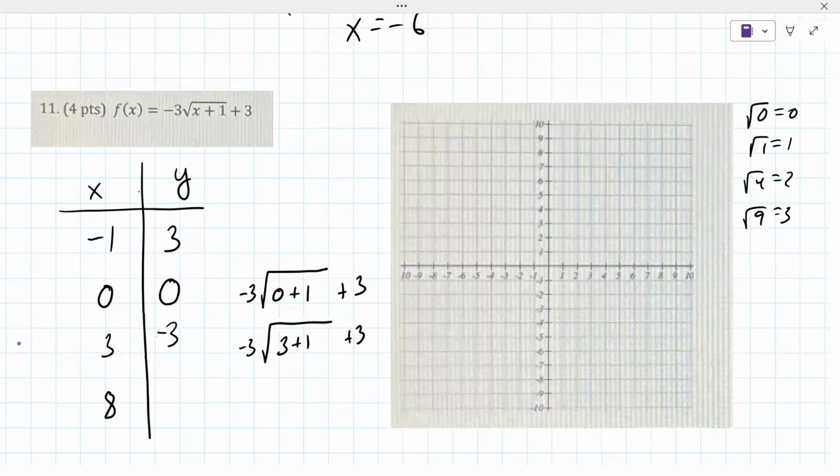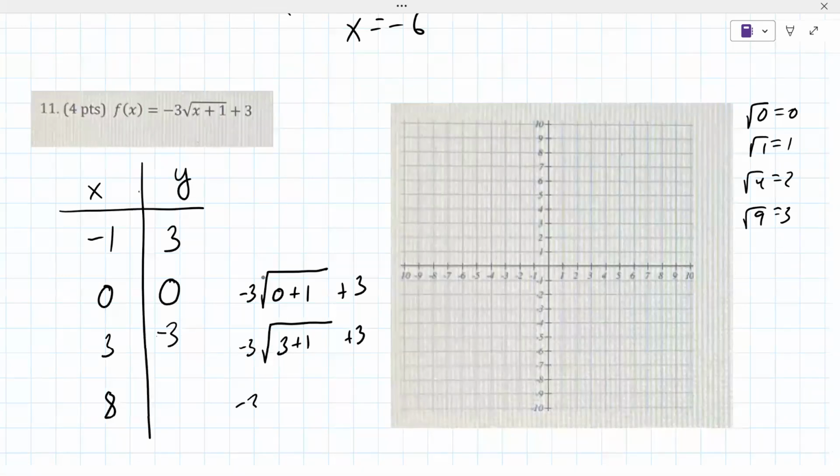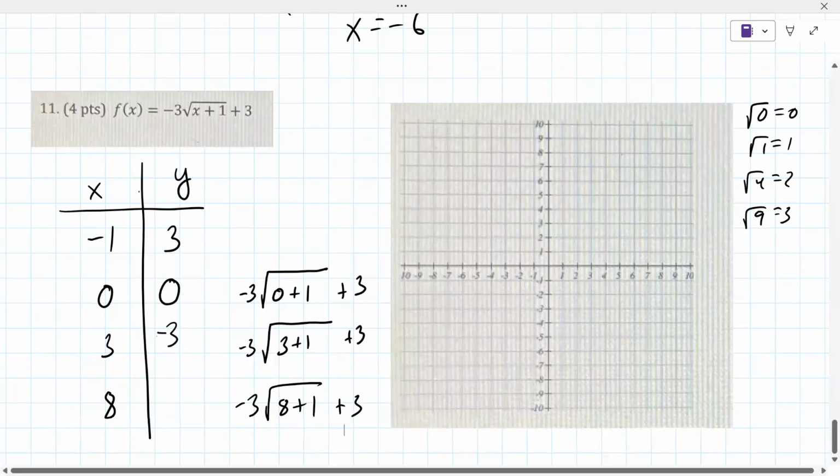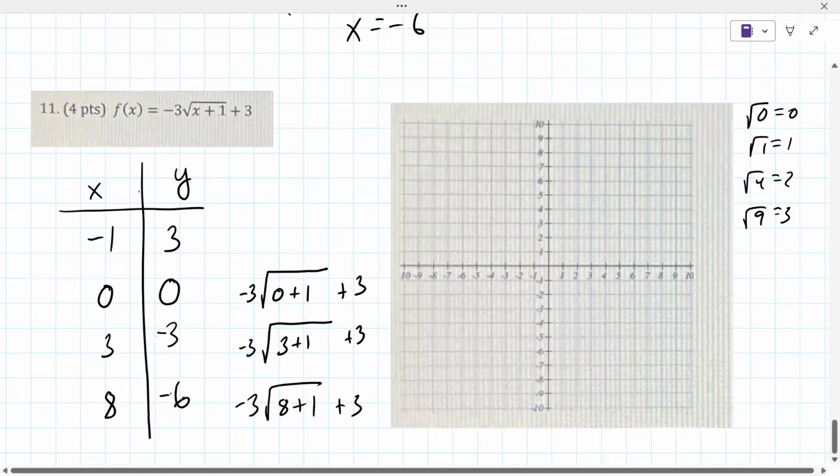Right, because it becomes 2, -3 times 2 is -6, plus 3 is -3. 8, and the last one here is -3 square root of 8 plus 1, plus 3. Could you try simplifying that for us, please? It is a negative number. -6. -6, good. Okay.